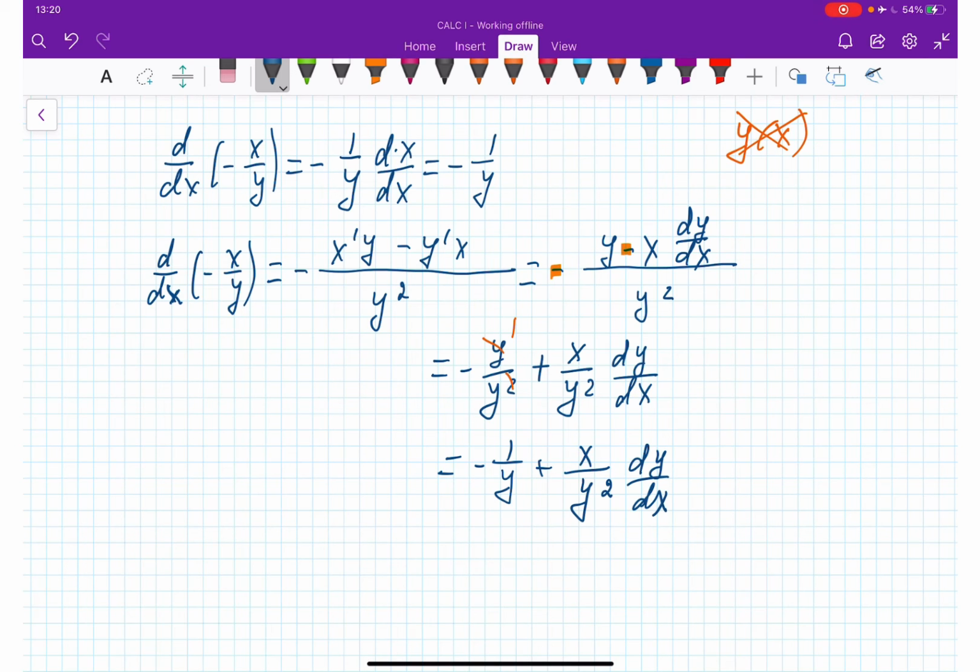A different story is when y is represented as a differentiable function of x.